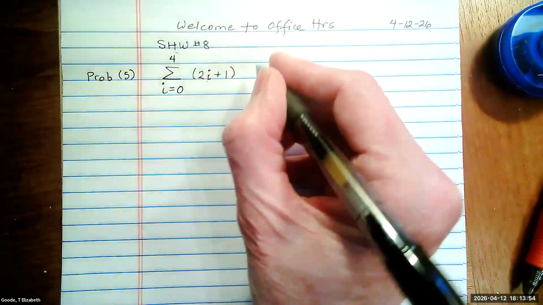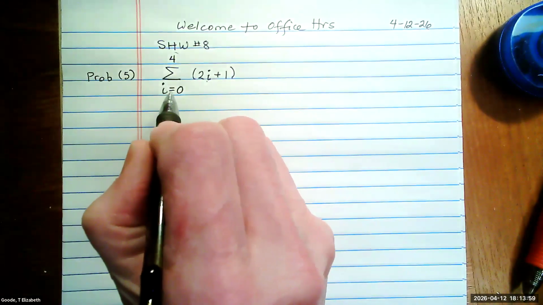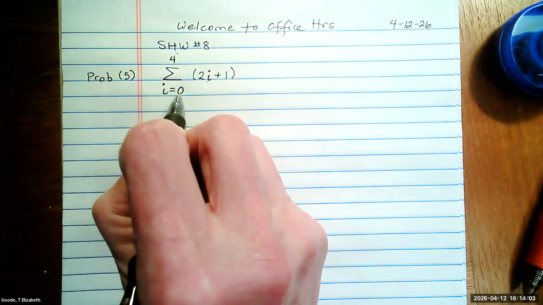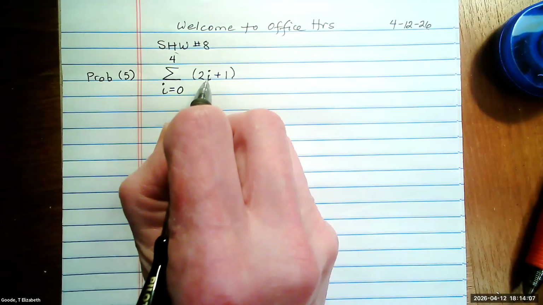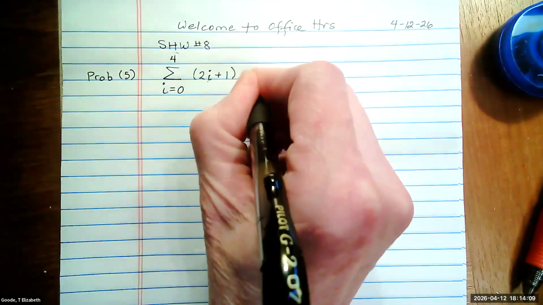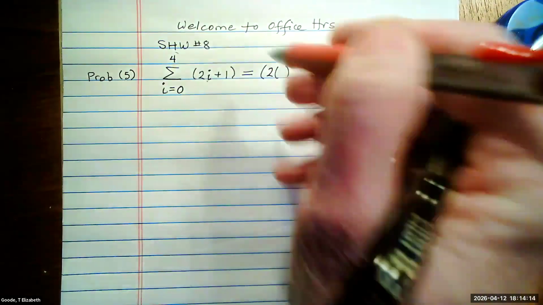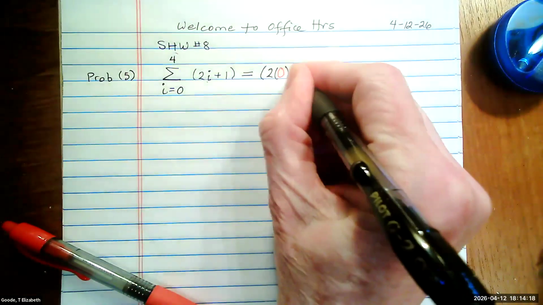It sure does. So here we go. The way it works is the first thing we do is we substitute the lower limit 0 into the I. So our first term is going to be 2 times 0 plus 1.